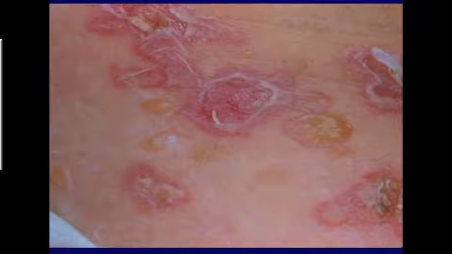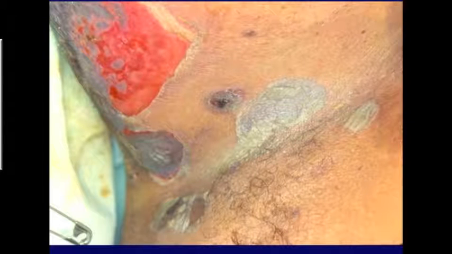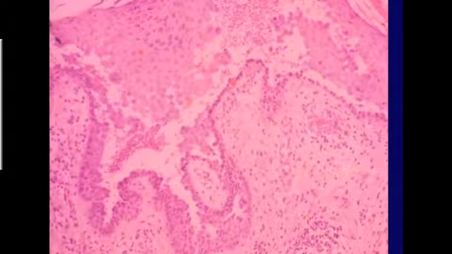And a Tzanck smear may also be helpful. You can see that we talked about flaccid blisters in the case of pemphigus, but sometimes it's not a bad idea to do this. And here, another patient with a classic presentation of pemphigus with eroded surfaces, and histologically, you will see this acantholysis, or this process that splits the epidermis really at its base, and the cells become all rounded up.